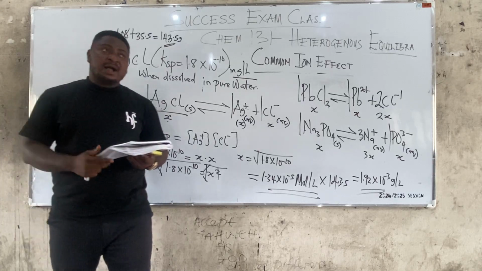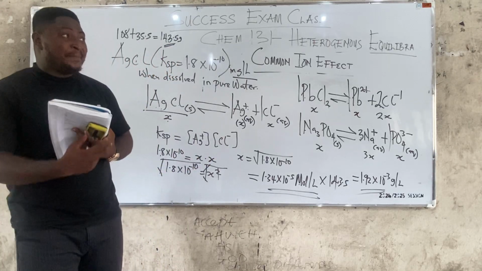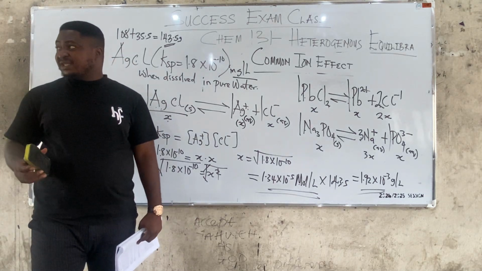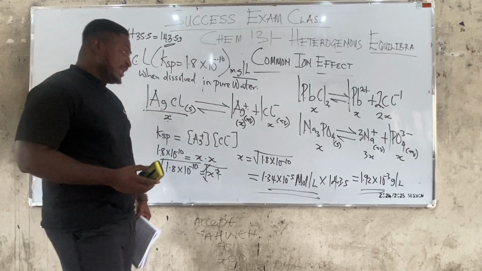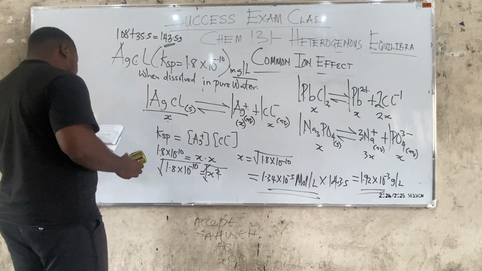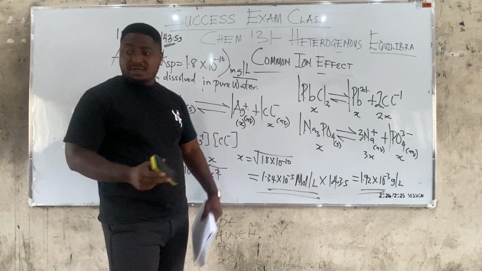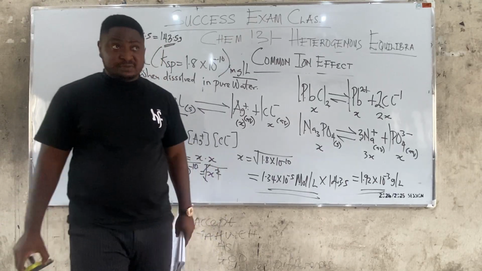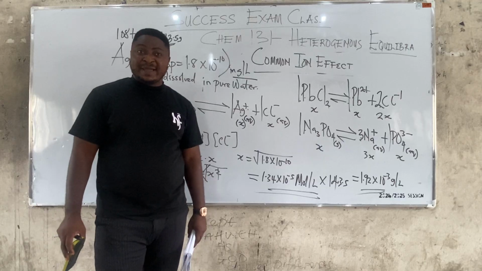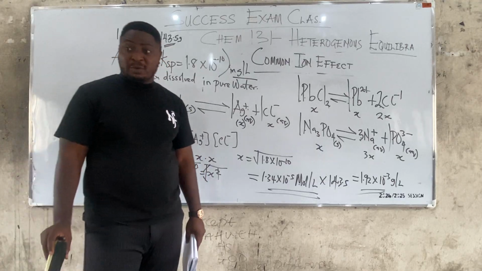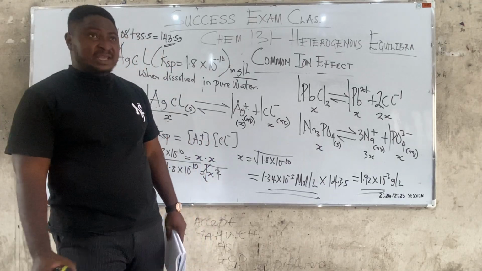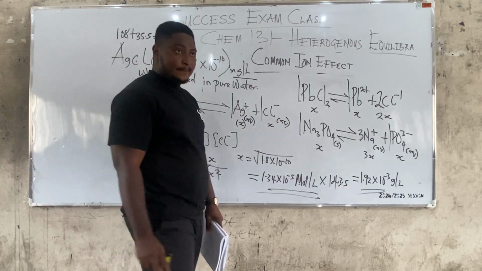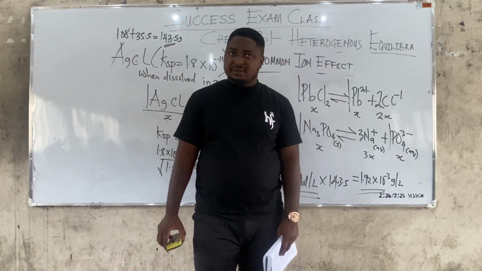M means capital letter M, molarity, right? In 1 times 10 raised to minus 3 M concentration of CaCl2.